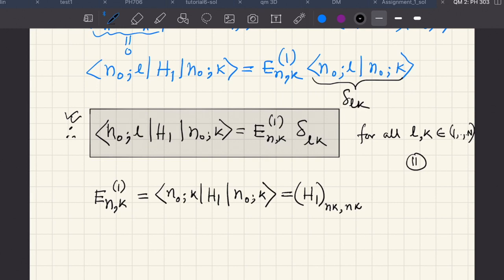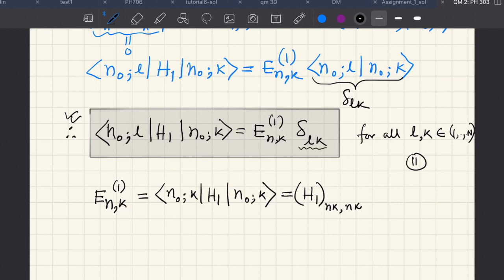First thing is that H1 is diagonal in the basis that we are using here. H1 may not be diagonal elsewhere on the full space, but on the degenerate subspace, it had better be diagonal. Why diagonal? Because there is this delta LK sitting there.